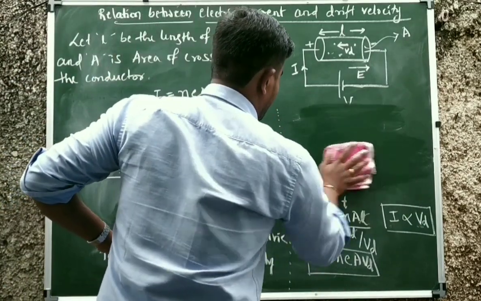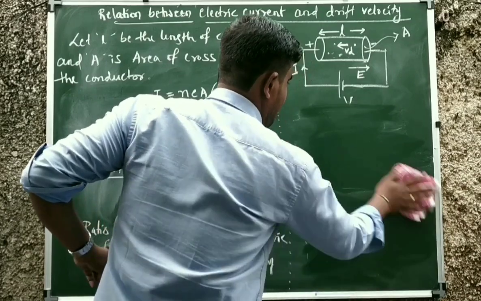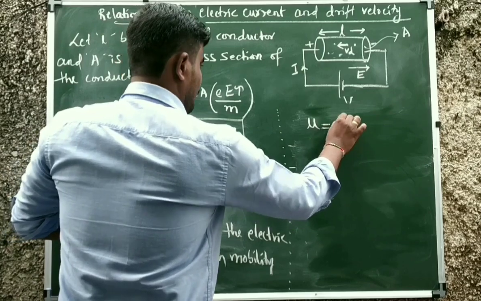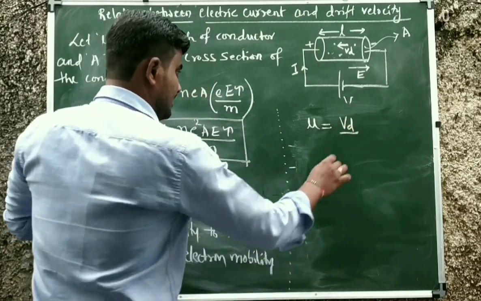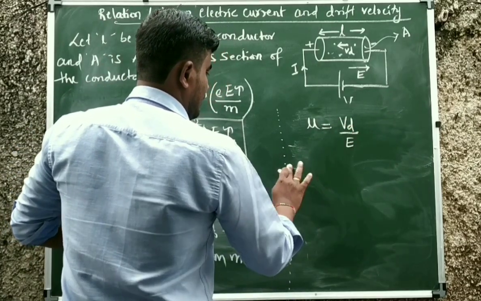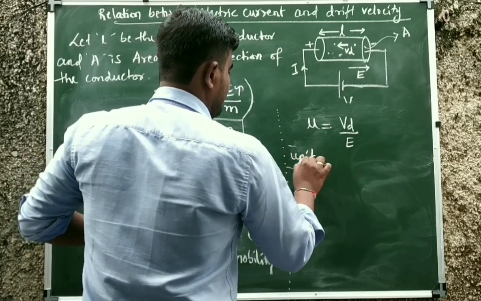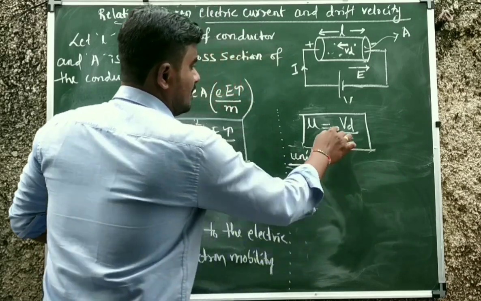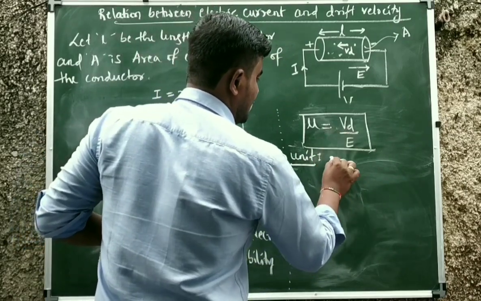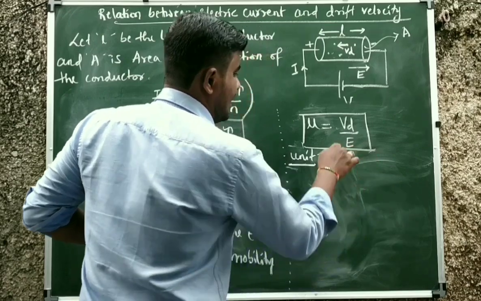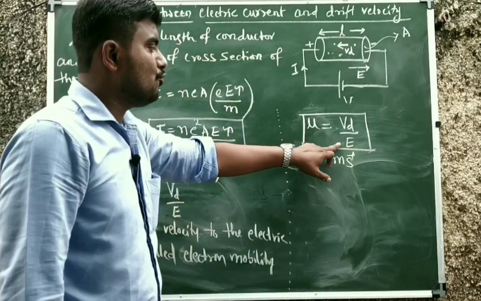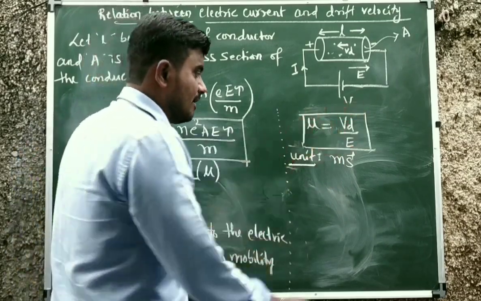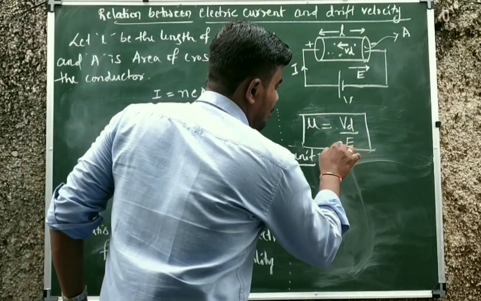And see some points on electron mobility. Mu is equal to Vd divided by E. Therefore, its unit: the unit of Vd, velocity, is meter per second, and the electric field has two units actually. One is Newton per coulomb, another is volt per meter. I will write volt per meter.